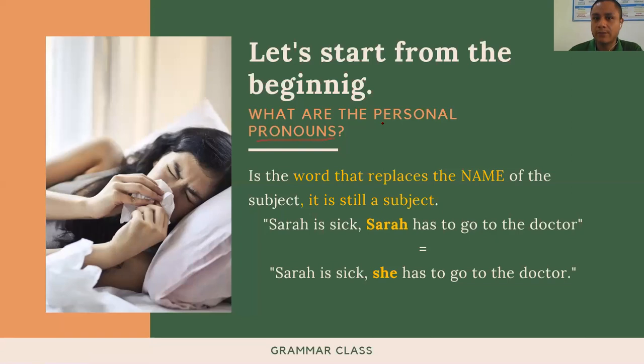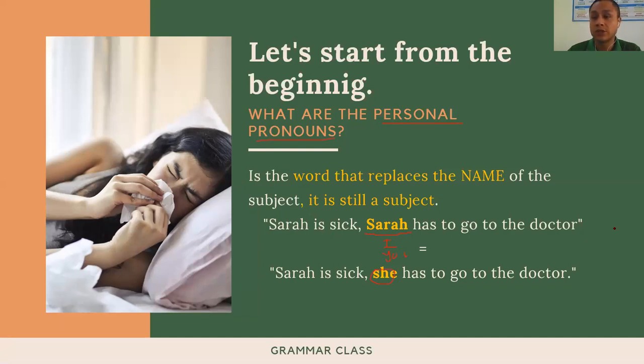What is a personal pronoun? Important. I need you to understand what a personal pronoun is. A personal pronoun is the person, like the subject, like the I, you, we, okay? So it's the word that replaces the name of the subject and still is the subject. Like this, Sarah is sick.